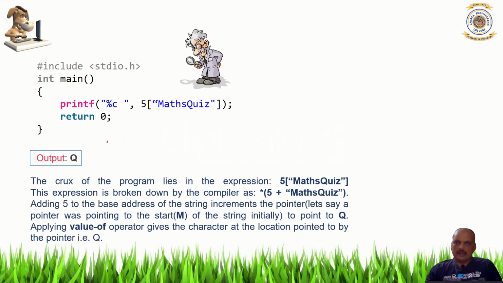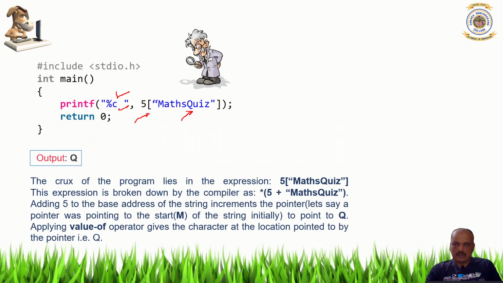Again, the difference between the last code and this code is that instead of percentage s, now I have percentage c. So I will be printing just one character out. Very similar to the last piece of code, the initial address is now offset by a value 5. So this gets offset right there and printf starts printing from here on. How many characters does it print out?